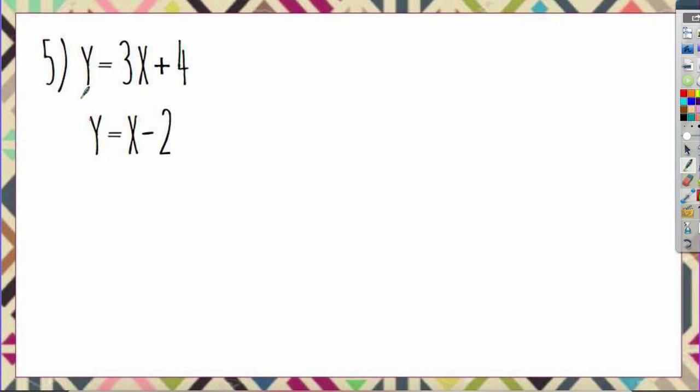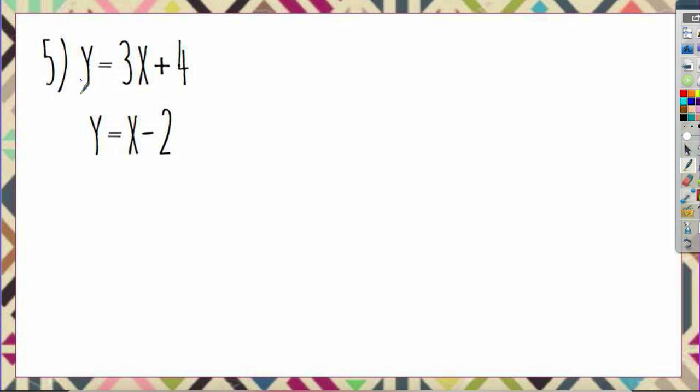If I wanted to make the y's cancel, they both already have 1's here. The problem is that they're both positive. I would need to make one of them negative. If I wanted to make the x's cancel, since this one has a positive 3, I would have to make this one have a negative 3. So those are my two options.